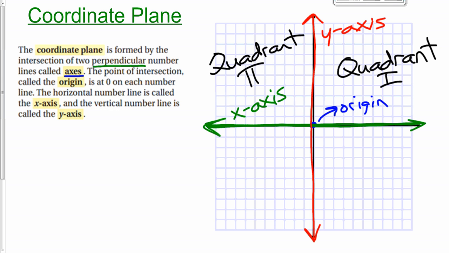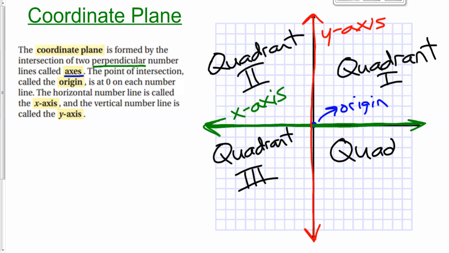That's our second quadrant. Quadrant 3, and lastly, quadrant 4. So it starts off in the top right corner and goes counterclockwise down to 4. So 1, 2, 3, and 4 different quadrants, and that just splits it up into 4 different parts.